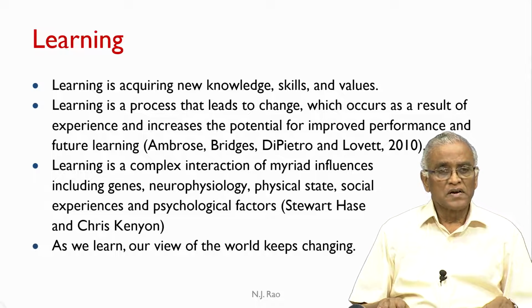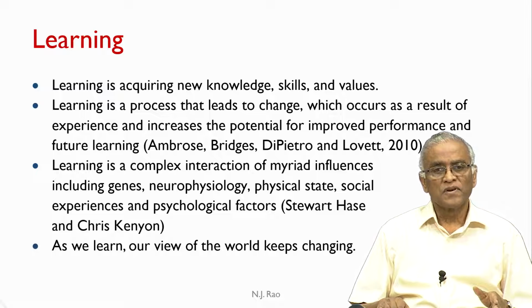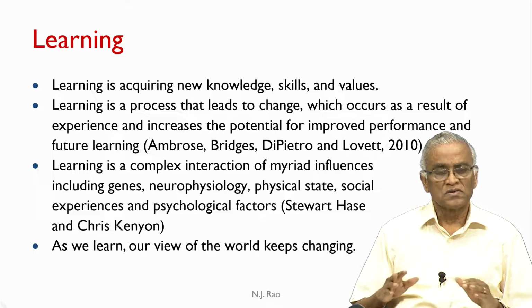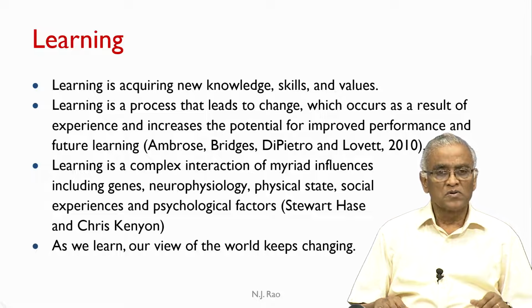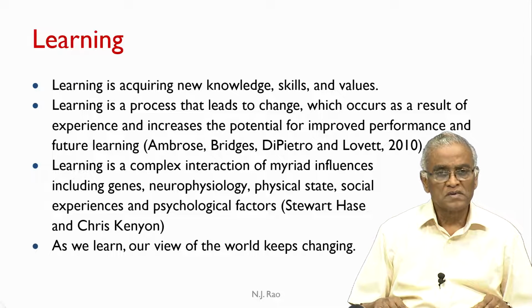Another definition of learning is a process that leads to change, which occurs as a result of experience and increases the potential for improved performance and future learning. So, learning is always a process that leads to some change. This is one formal definition by Ambrose and others.